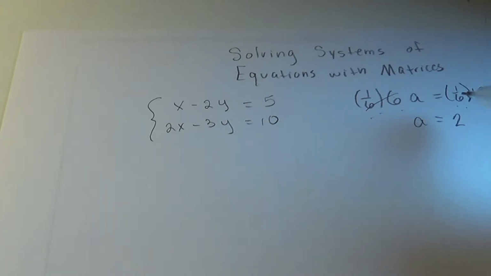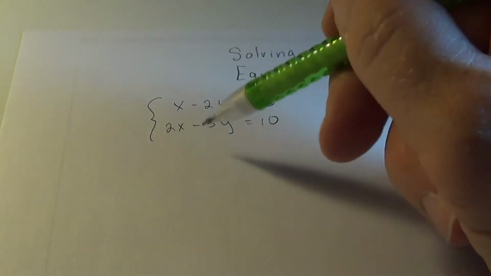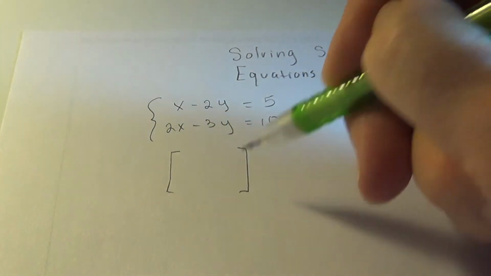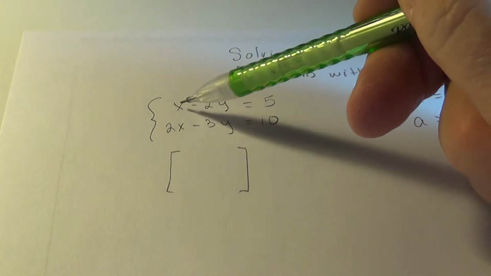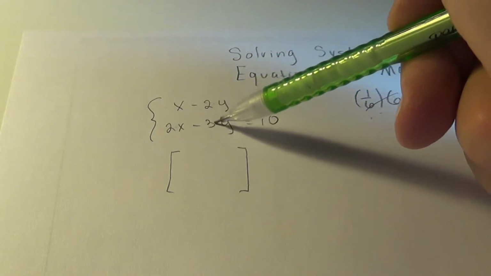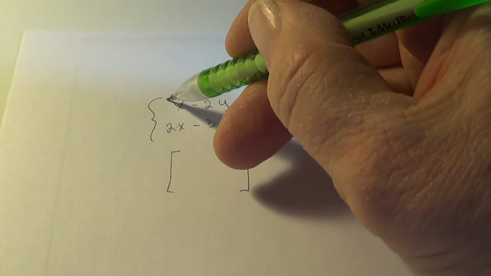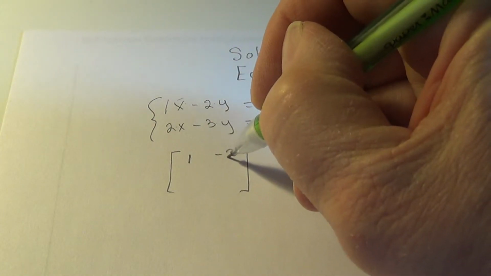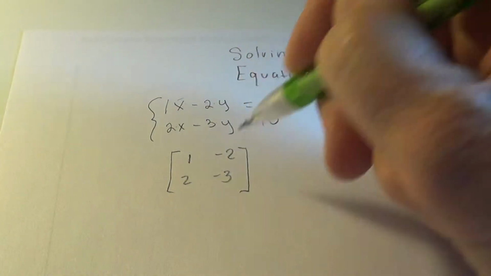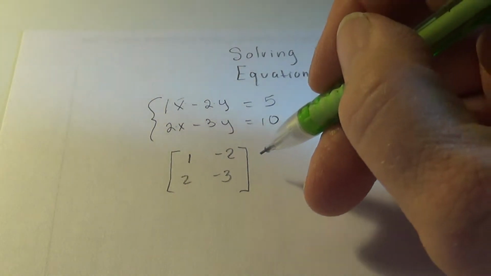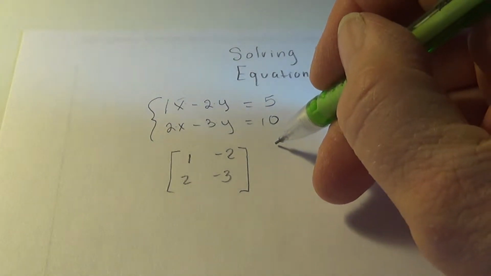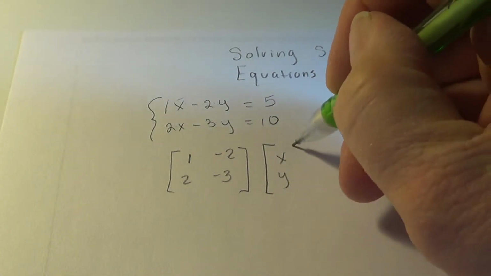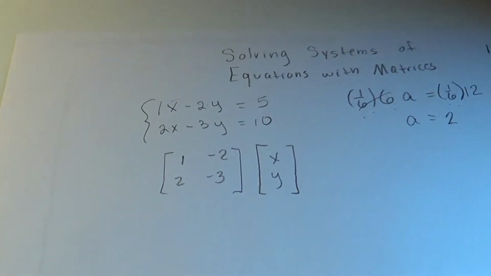So let me set this up. I'm going to take the coefficient matrix. Remember that the word coefficient means the numbers in front of the unknowns. So when there's nothing there, we call it a 1, then a -2, 2, and a -3. And I'm going to put the unknowns in this problem in a matrix that looks like that.